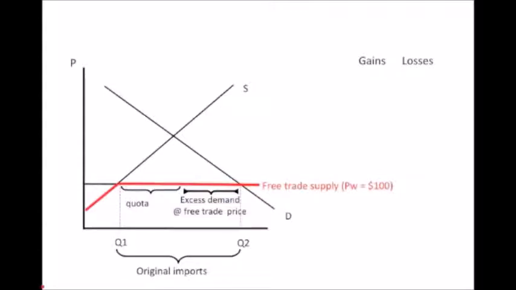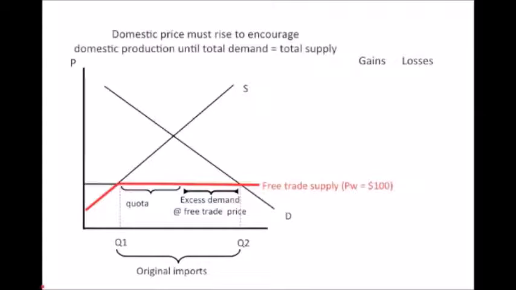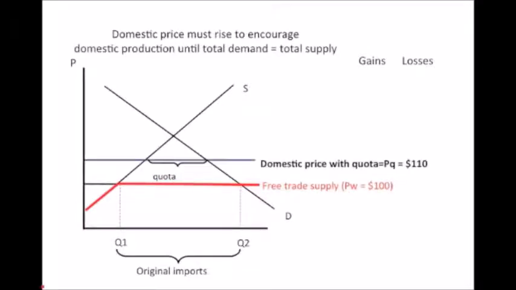So when there's more demand than there is supply, the price has to rise. The price is going to rise domestically until the point where the foreign supply plus the domestic production equals the demand inside this market. So for this particular quota, that would be a price such as PQ, $110.